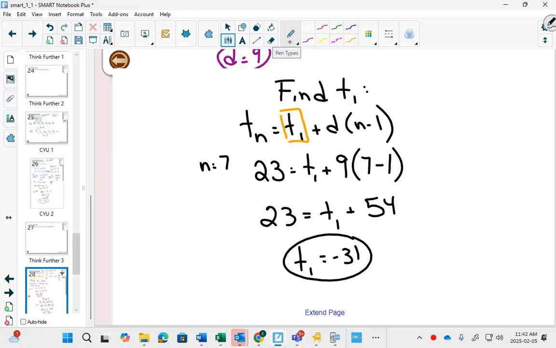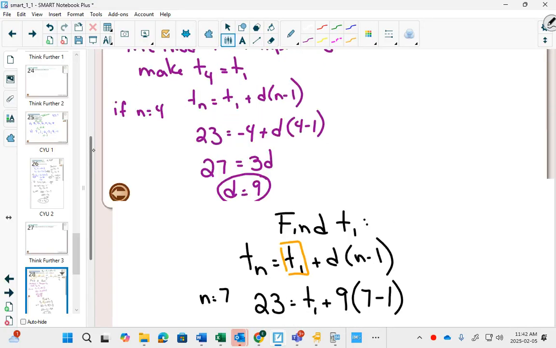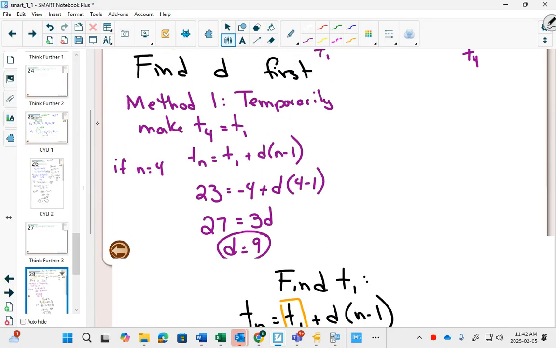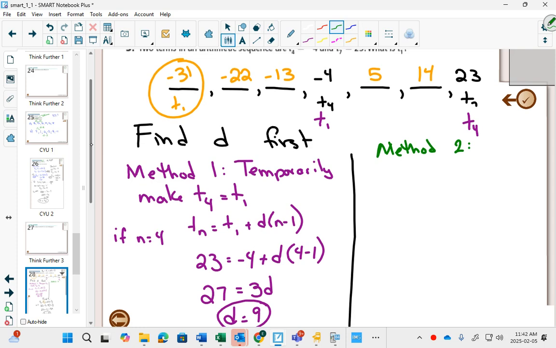I'm going to scroll back up to draw a line here. I'll do method 2 in green. I'm just going to rewrite that we knew term 4 was minus 4, and we knew term 7 was 23.